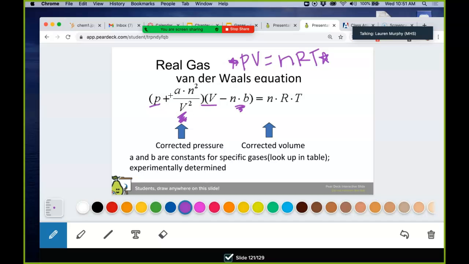Now, again, P is pressure, V is volume, n is moles, R is the gas law constant, T is temperature in Kelvin, and then these little guys are constants that would be given. You don't have to know them. They were determined experimentally, but they're given, and they're specific to each individual gas. So oxygen gas's a and b are not the same as helium gas's a and b, and helium's a and b are not the same as carbon dioxide's a and b.